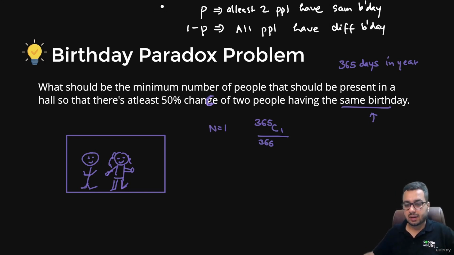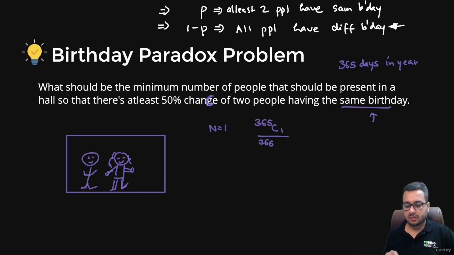These two are complementary. So p denotes the chance that at least two people will have the same birthday, and 1 minus p denotes the probability that all people will have different birthdays. We can easily compute this.